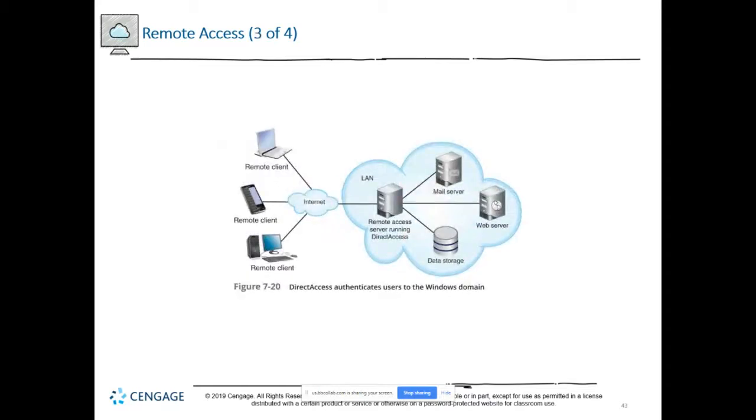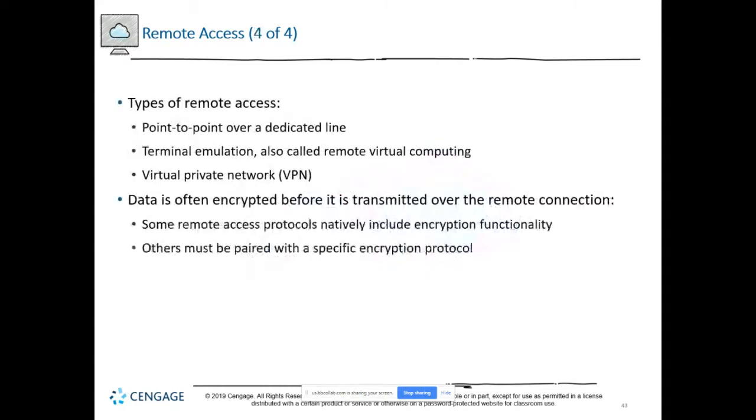Typically, you're going over the internet, connecting to the remote access server, and then you're getting access to things on the local area network, excuse me, as if you were there.